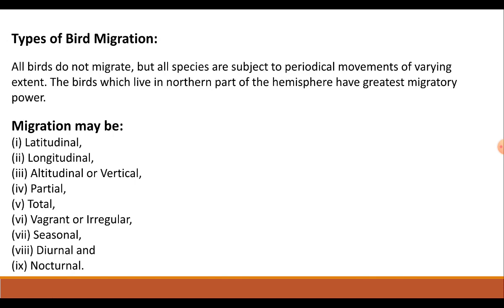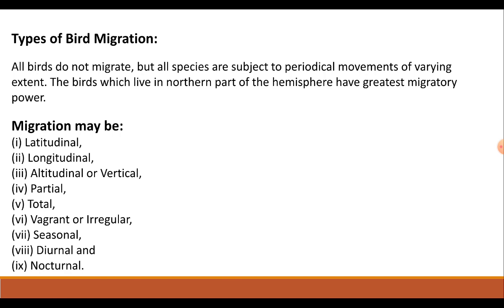Let us see the types of bird migration. As we know, all birds do not migrate, but all species are subject to periodical movements of varying extent. The birds which live in the northern part of the hemisphere have the greatest migratory power. The types of bird migration can be listed as follows.